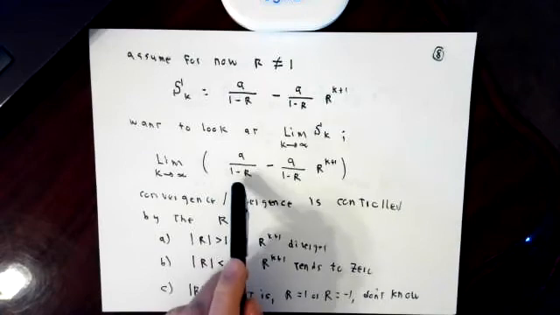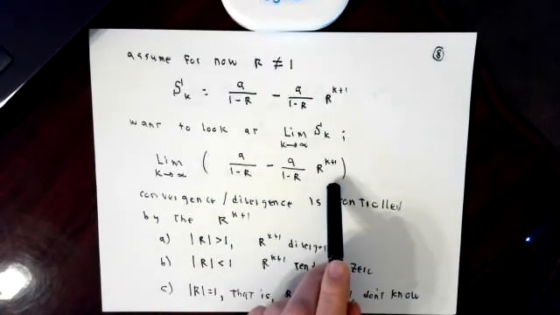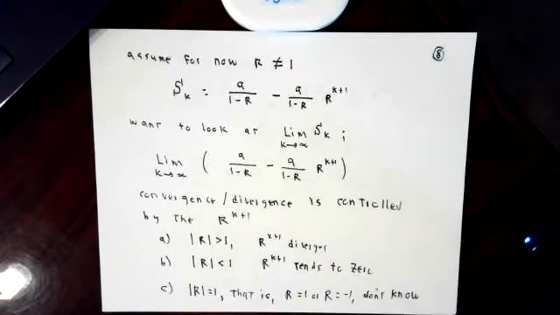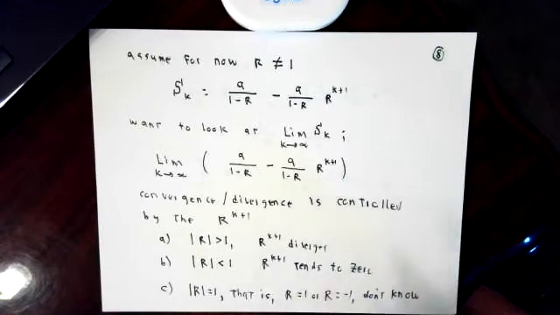I've got a constant minus a constant times R to the K plus 1 power. The A over 1 minus R has no say in whether this limit exists or not. The only thing that's going to matter is the part that depends on the K, so that's what we've got to think about.